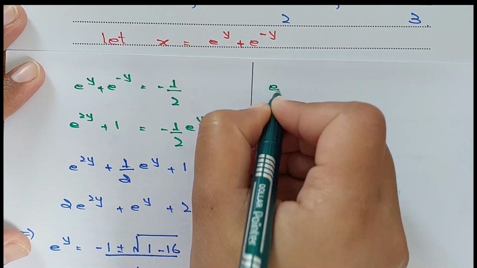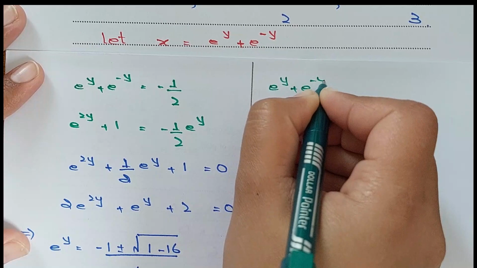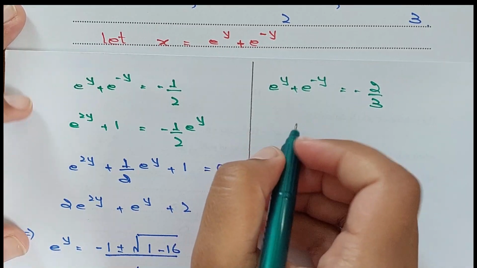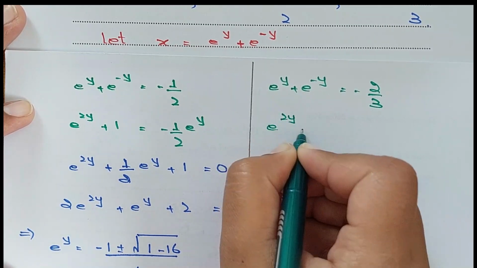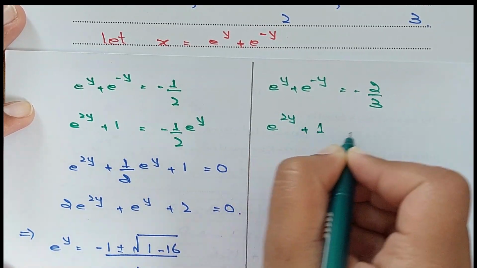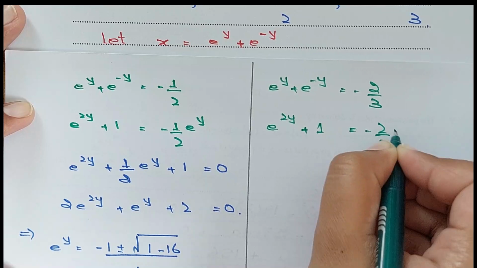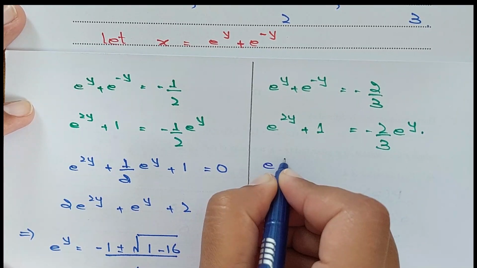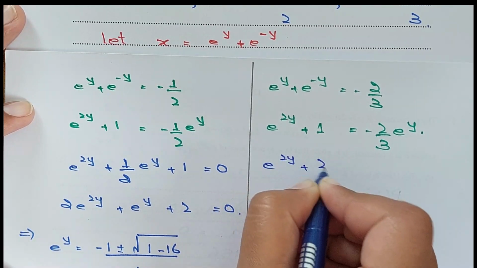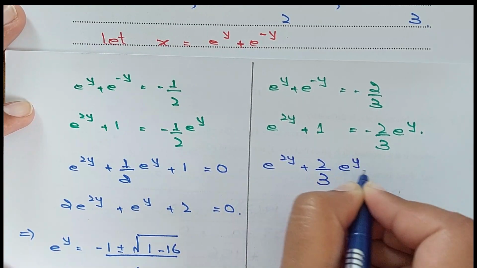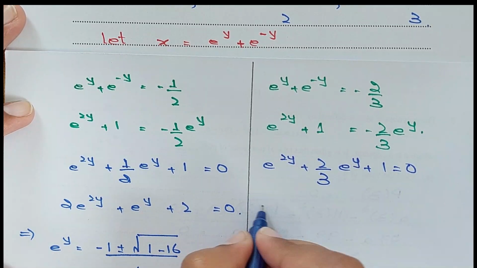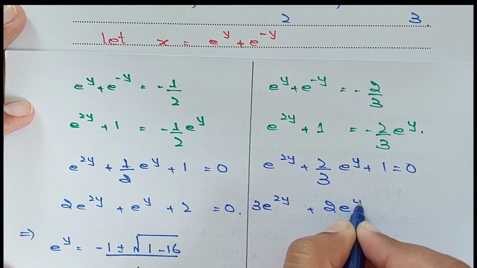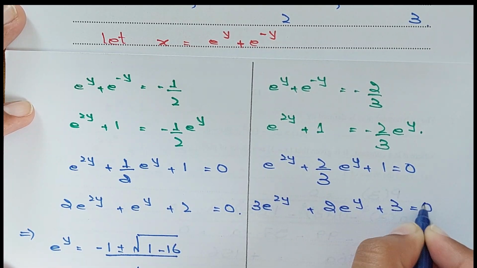Can say e power y plus e power minus y is minus 2 by 3, right? Then multiplying by e power y, e power 2y plus 1 equals to minus 2 by 3 e power y, right? And we have e power 2y plus 2 by 3 e power y plus 1 equals to 0. Multiplying by 3, 3 e power 2y plus 2 e power y plus 3 equals to 0, right?